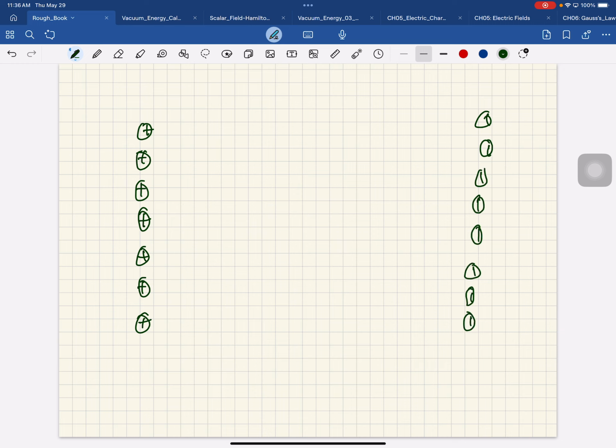It'll work for that. Okay. So this is a parallel plate capacitor that's been charged, and the electric field here is constant. Sigma is the charge density, and the field is sigma by epsilon.